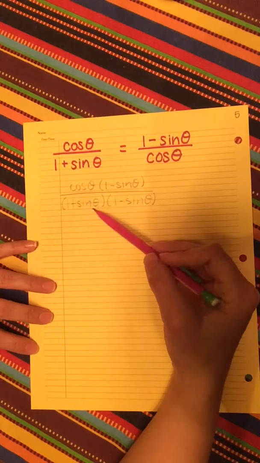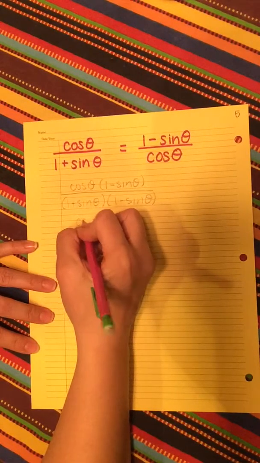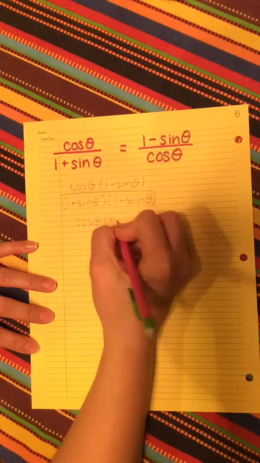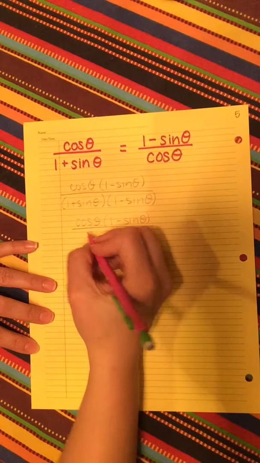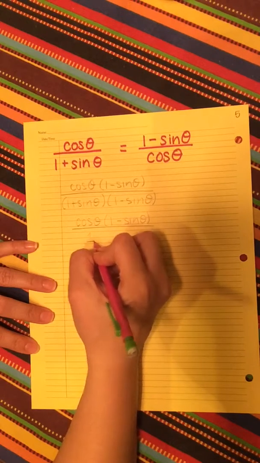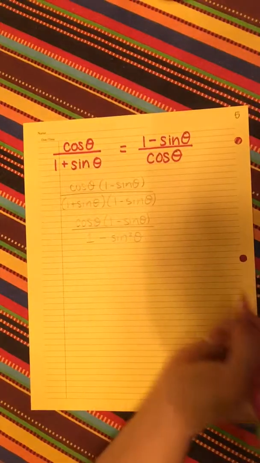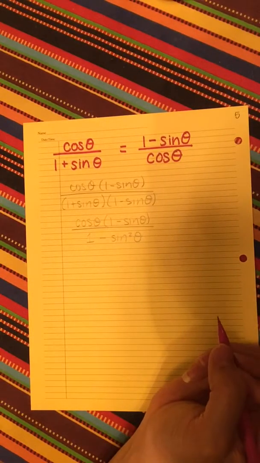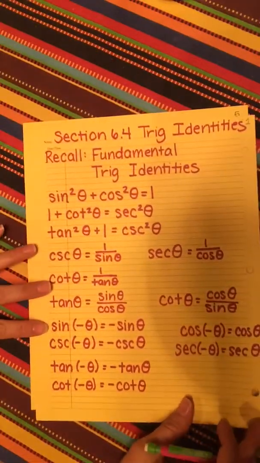Now, down here, let's go ahead and FOIL that out. So on the top, I'm going to leave this as cosine of theta times 1 minus sine of theta. On the bottom, if you FOIL that, that becomes 1 minus sine squared of theta. Now, there is a fundamental trig identity that deals with 1 and sine squared of theta.